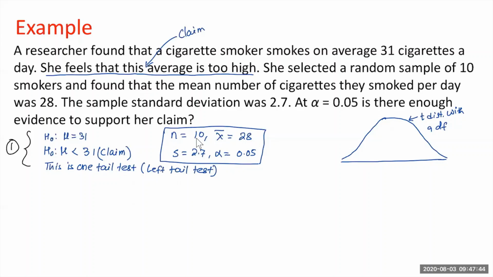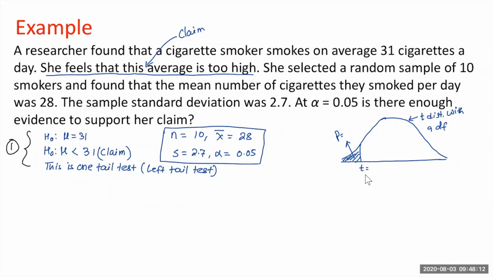And this is the left tail test. So our p value is on the left tail. This area on the left is our p value. And this is the t value that we are looking for. This is on the left of the mean, so this t must be negative. If you don't get a negative value, then it will be wrong. Because it is on the left, that must be negative.